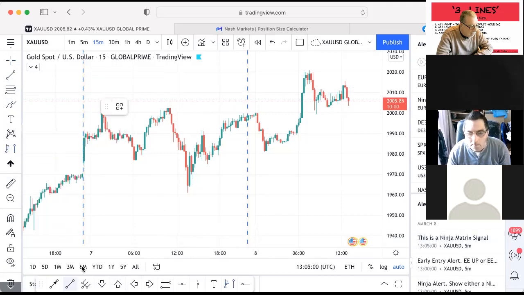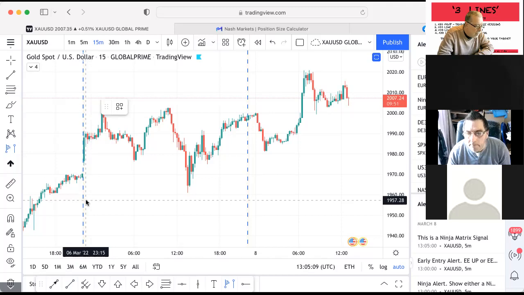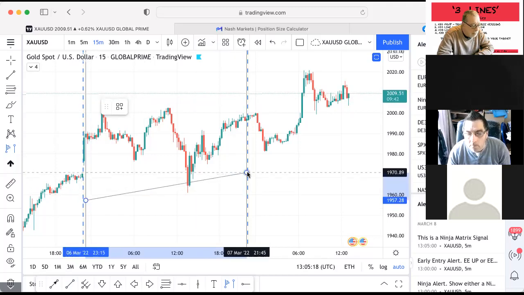So if you click on that, and then you align your cursor with the first candle of the day, which is that small green one there, and then you align the cursor with the last candle of the day, which is that one there.